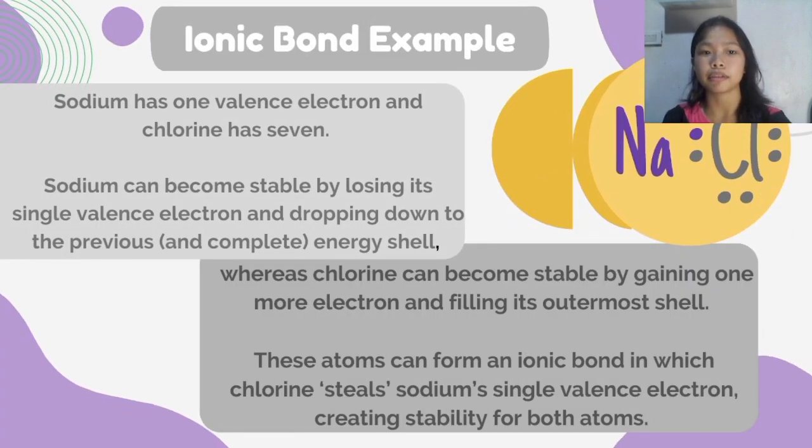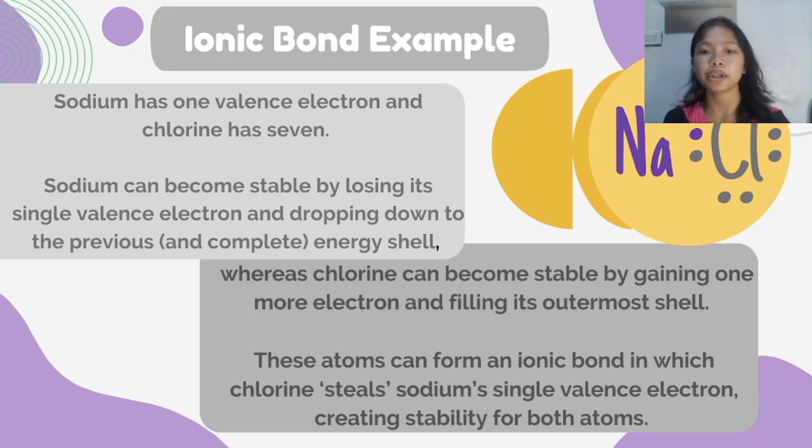An example of ionic bonds would be sodium sharing its valence electron with chlorine. Sodium has 1 valence electron and chlorine has 7. Sodium can become stable or achieve the octet rule by losing its single valence electron and dropping down to the previous and complete energy shell.